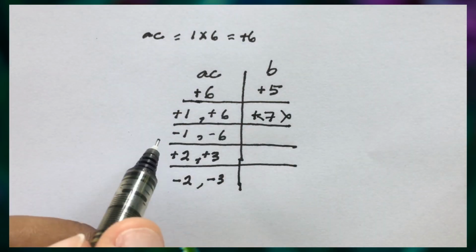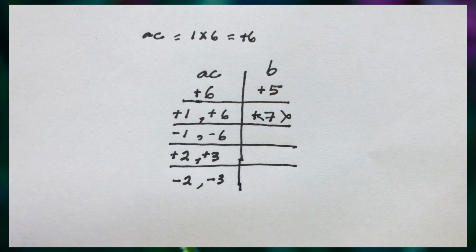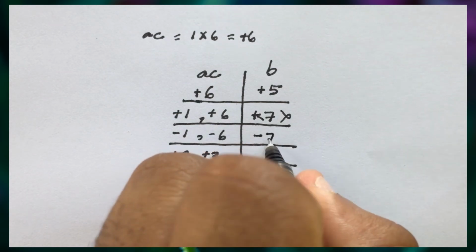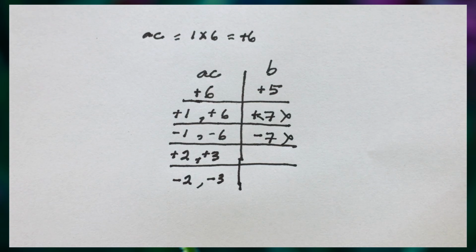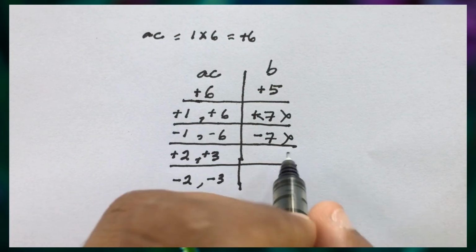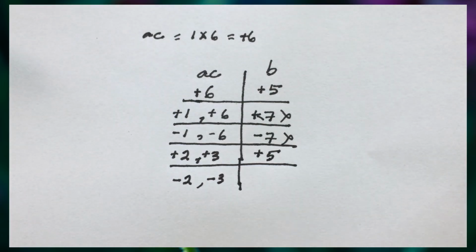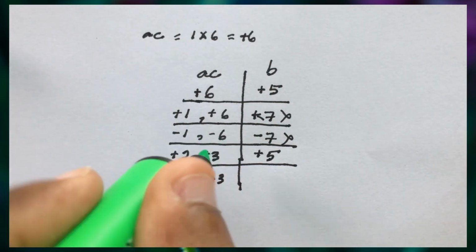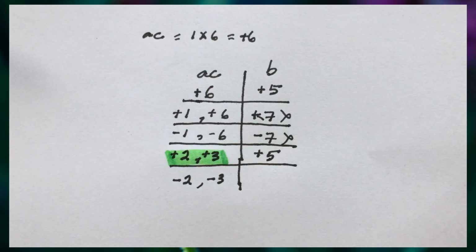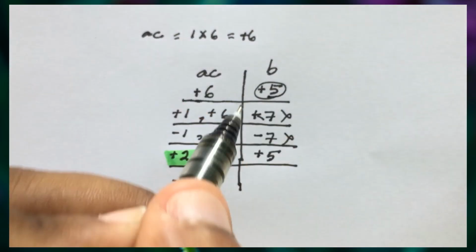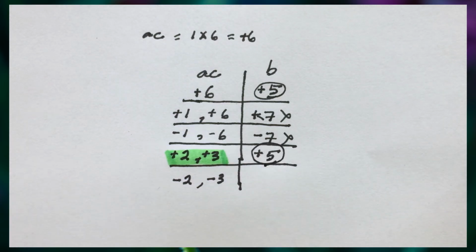Negative 1 and negative 6, that will give us a negative 7. Not the key we're searching for. Positive 2 and positive 3 will give us a positive 5. Wow, we found a winner. Great. So the key would be positive 2 and positive 3, because I was going after a positive 5, and those were the combinations that gave me the positive 5.